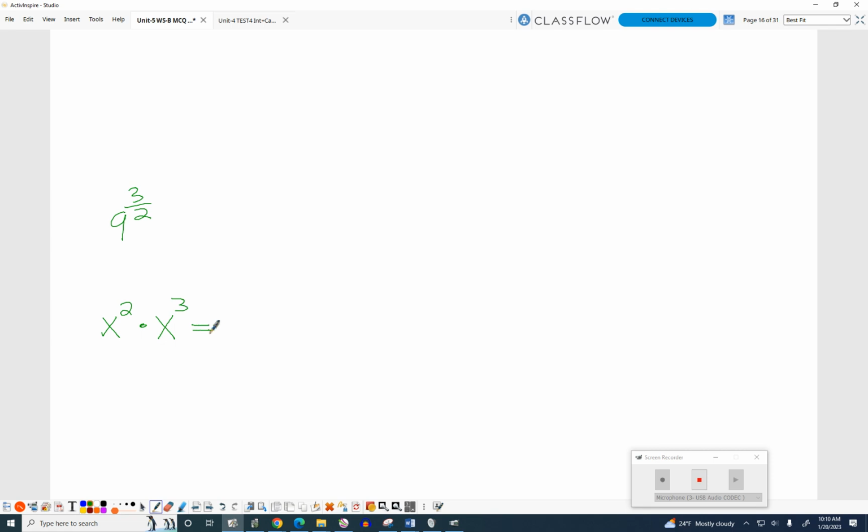X times x. What does x cubed really mean? X times x times x. So you really have x times x, and then x times x times x, which means you really just have x to the 5th power. So that's a little reminder that in this situation, we could have just added the exponents. Comfortable?